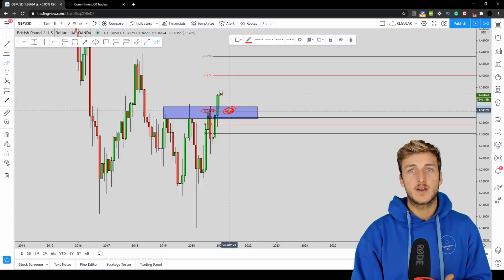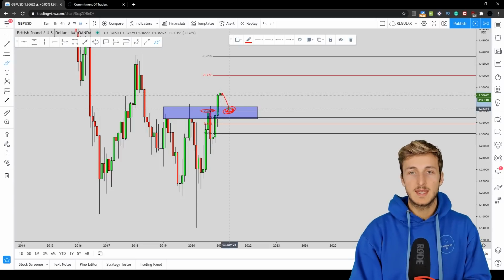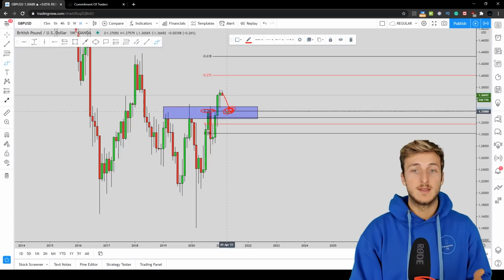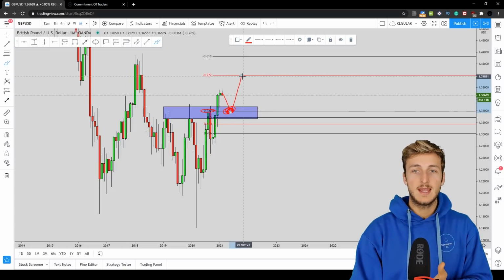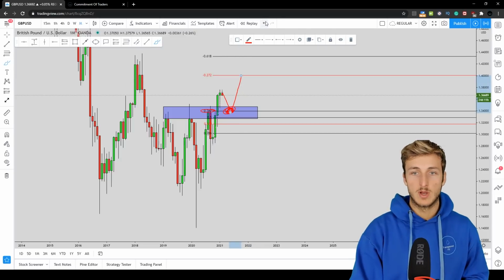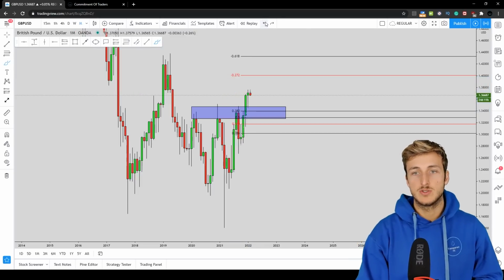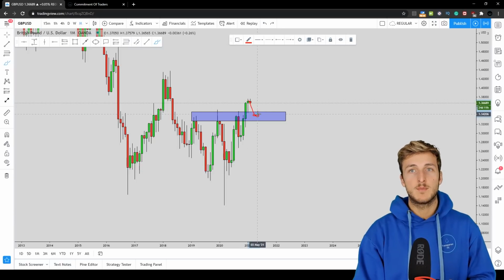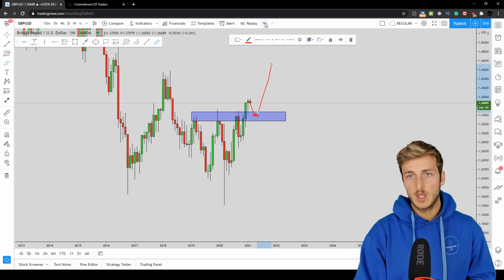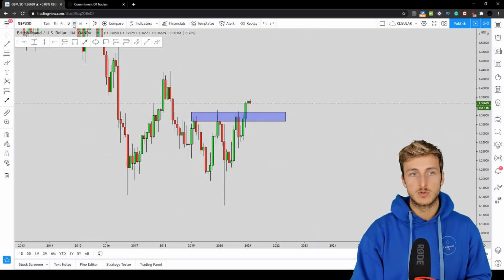So basically they are in confluence, meaning that they are in the same area of price, meaning that we can expect the market to go and grab liquidity at this confluence of support area and then get rejected to the upside. So on the monthly, the situation is very clear. As we have already said, we expect a short-term move to the downside to grab liquidity and test the confluence of support before creating the continuation to the upside.